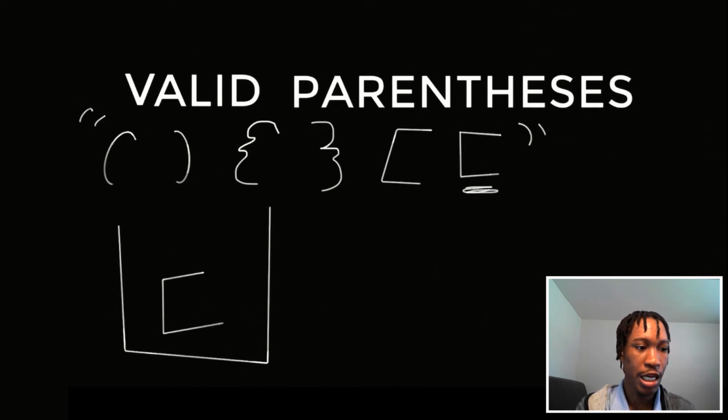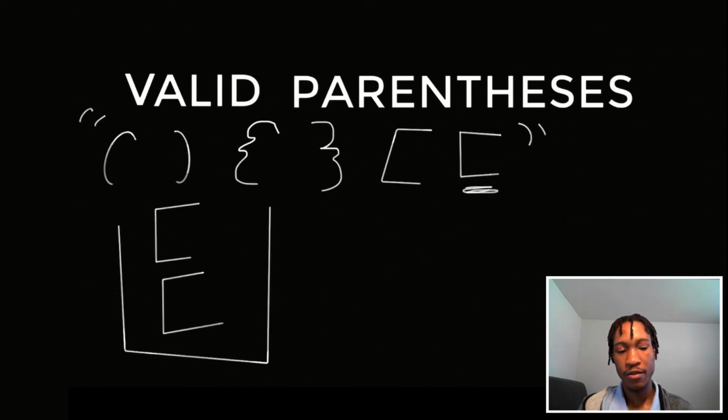We saw an opening straight bracket. So what do we do? We add it to the stack. So now we have two items in the stack, and now we get to the end of the string, and then we say, oh wait, there are still items in the stack. If there are still items in the stack, it means that we did not find corresponding closing values for those items, which means that those items are not valid. So we return false.